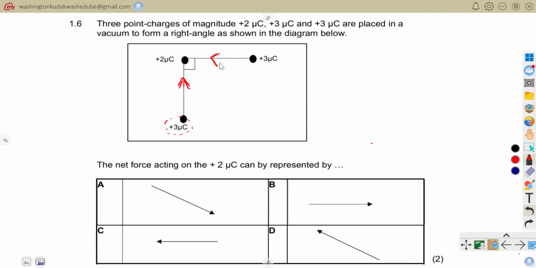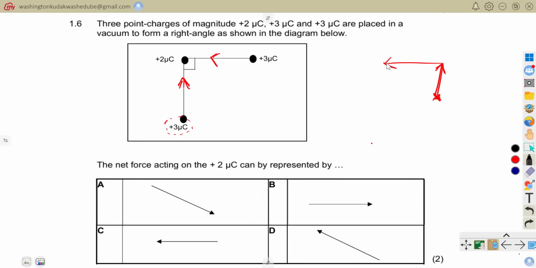So if I take these forces and resolve them in such a way that they are like this, as we know our vector diagram, and I try to find my resultant, I'll start from the head of my first vector and end at the tail of my last vector. That becomes my resultant.